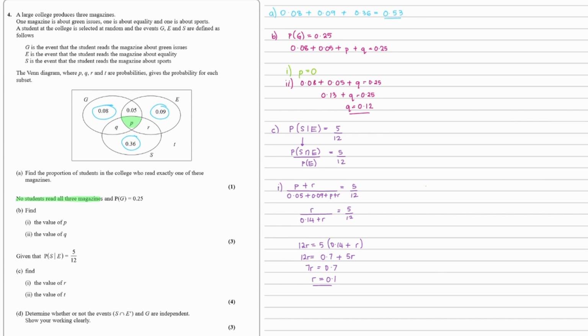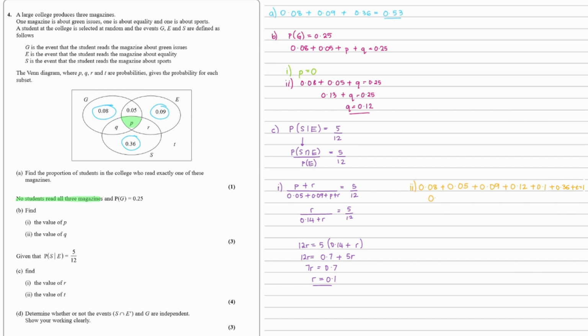For part 2, in order to find T, we know that if we add all the probabilities in the Venn diagram, they should all add up to 1. So if we add the 0.08 plus 0.05 plus 0.09 plus Q, which we found to be 0.12, P is 0, so we don't need to write that, but we also found R to be 0.1, and if we add the 0.36 and T, this should all equal to 1.